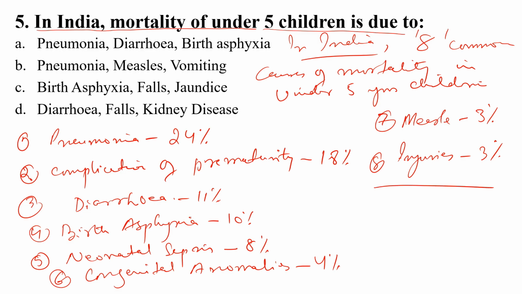So these are the 8 common causes of death in under 5: pneumonia, complication of prematurity, diarrhea, birth asphyxia, neonatal sepsis, congenital anomalies, measles, injuries. Here option A consists of all 3: pneumonia, diarrhea, and birth asphyxia. So the correct option here is option A.